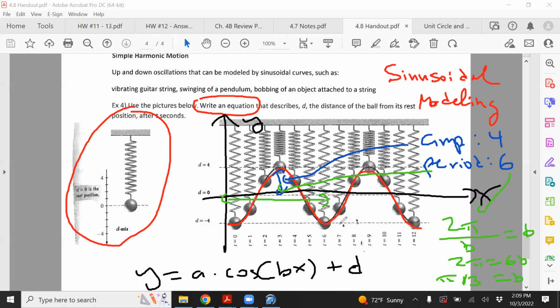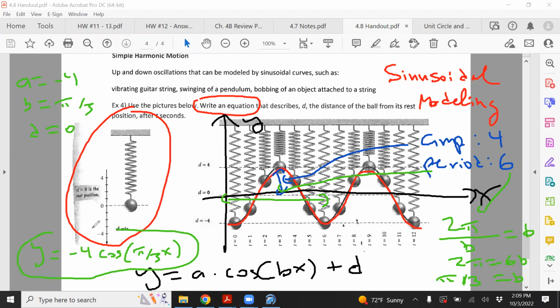And d is 0 because I didn't shift the graph vertically. So a is going to be -4 because it starts down, b is going to be pi over 3, and d is going to be 0. So the final equation will be y equals... okay, questions?